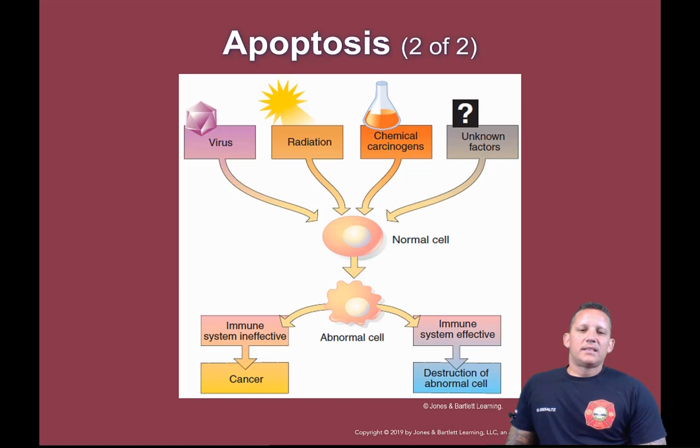When that attacks that cell, it creates an abnormal cell because some of the DNA is now mutated. And if we have a really effective immune system, the body will turn against an abnormal cell. It knows that it's not correct, and it will actually destroy that cell. And all is well in the world. If we have an ineffective immune system, that cell with the differed DNA can actually replicate itself, and it becomes what we call cancer.